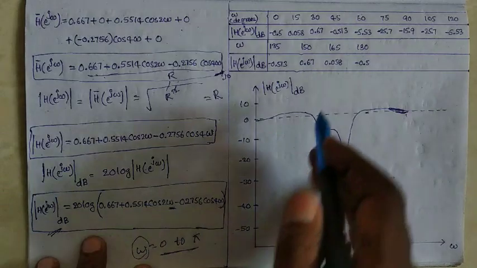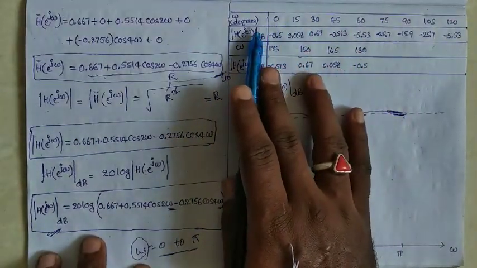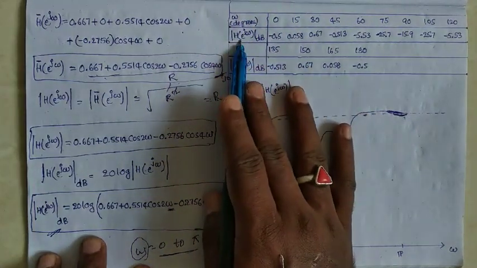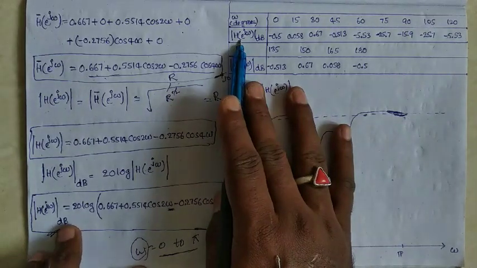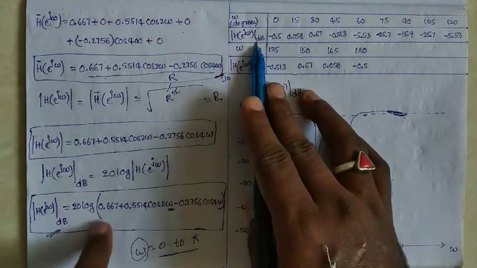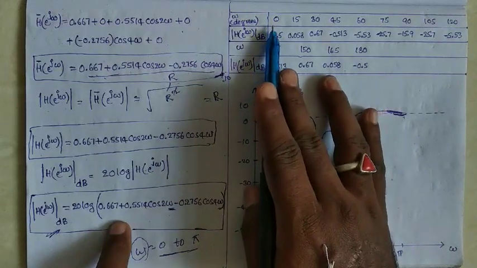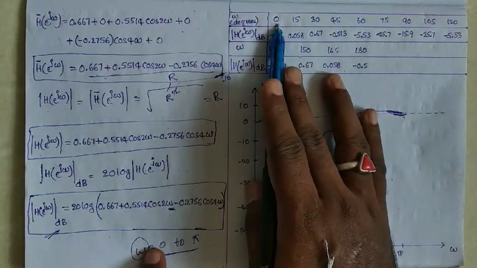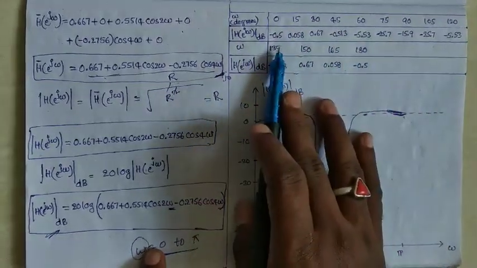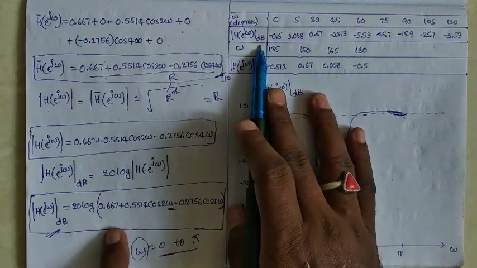I am taking 2 rows: in one row we take the frequency, and in the second row I take the decibel magnitude of h of e power j omega, calculated using this formula. Omega ranges from 0 to 180 degrees, and every 15 degrees we calculate the decibel magnitude of h of e power j omega.